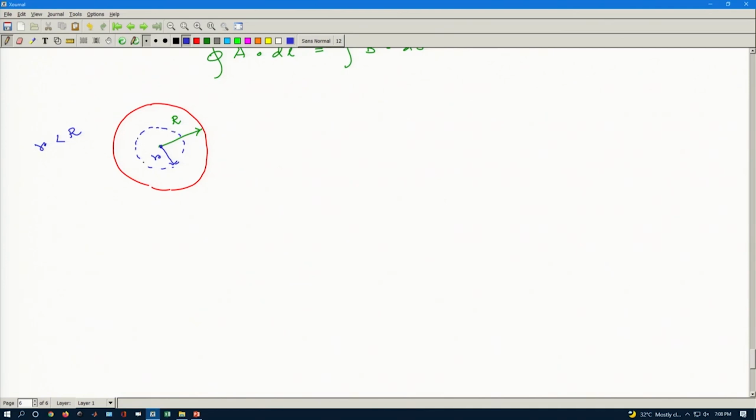So, I can calculate this quantity A dot dl, which for this case is simply A times 2 pi r. That quantity again should be equal to the flux phi B, right.